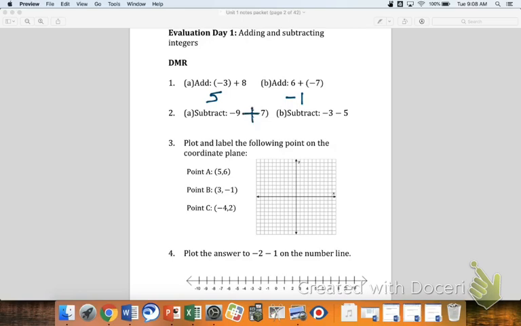When you cross over a grouping symbol like that, sometimes it's no big deal, sometimes it's a huge deal. And so I'd encourage you to not do that. If you notice you've got parentheses right there, I would just go bam, bam, just plus a positive. Okay, so negative 9 plus a positive 7 is? Negative 2. You're right. Good job. And then negative 3 minus 5 is negative 8.